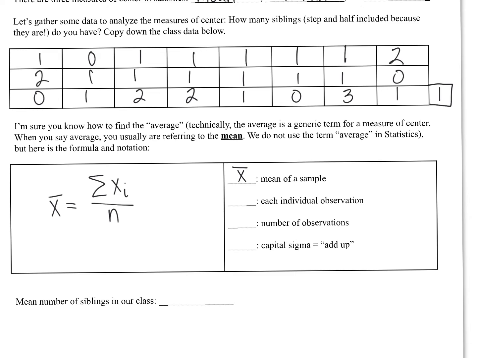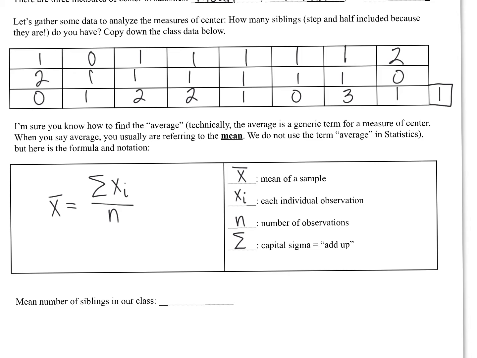We'll talk about populations later on. x sub i is each individual observation. So I could number my data for a number of siblings as x sub 1, x sub 2, x sub 3, all the way up until I reached my total number of observations, which is n. And then we have our capital sigma, and what it means is add up. So if I were to take these variables and transfer them to words, it's telling me that the mean equals the sum of each observation divided by my number of observations, which is what we've been told in the past. So yes, there's a formula.